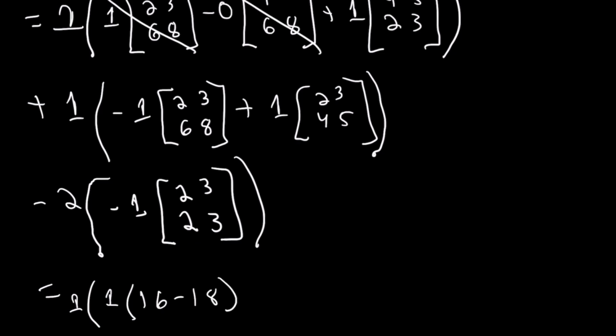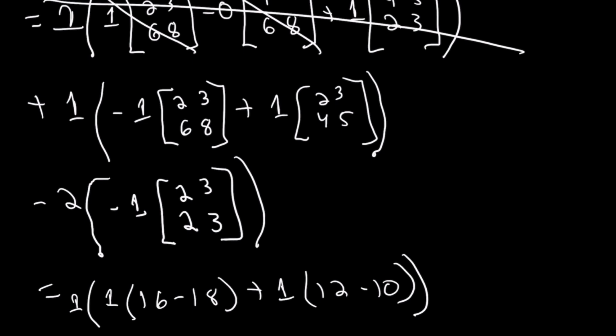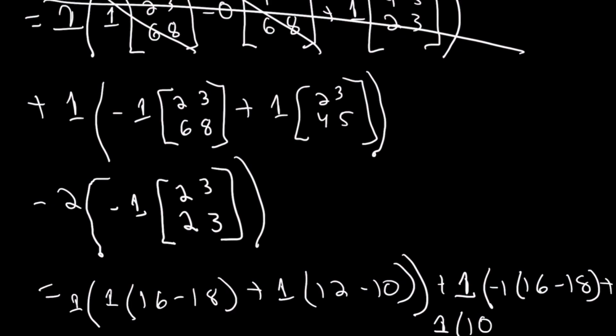Minus 0 plus 1 times 12 minus 10. Plus 1, negative 1 times 2 times 8 is 16 minus 18, plus 1 times 2 times 5 is 10 minus 12.